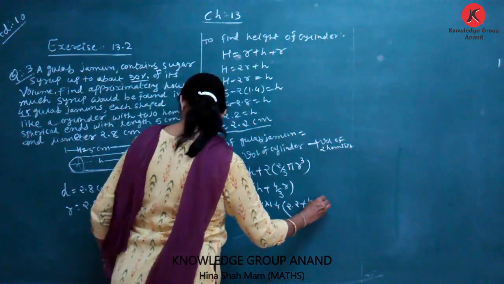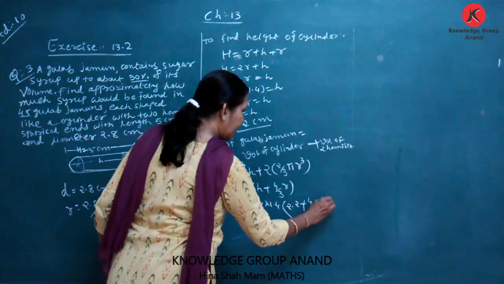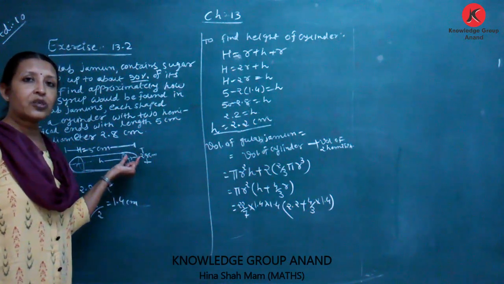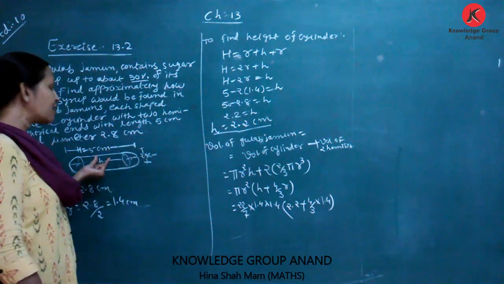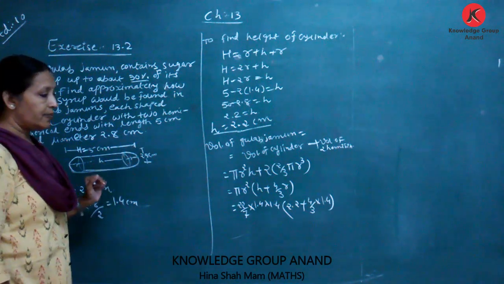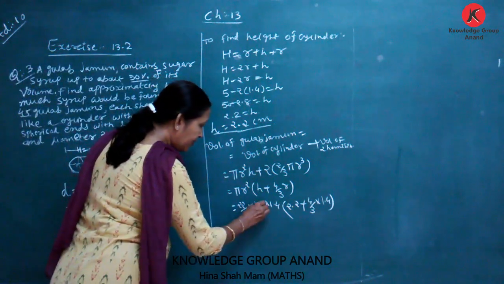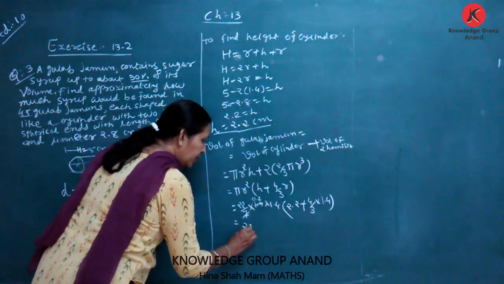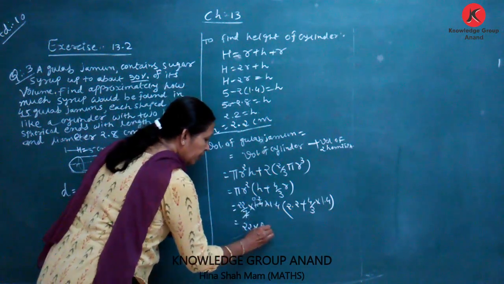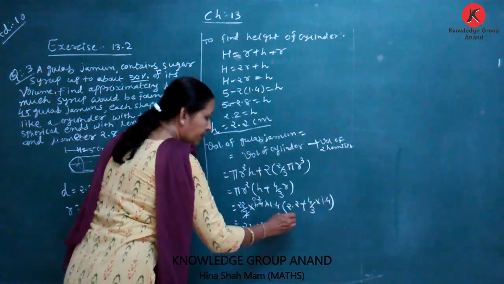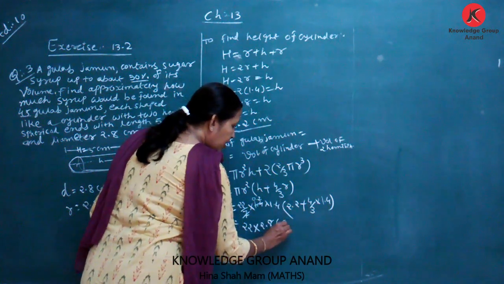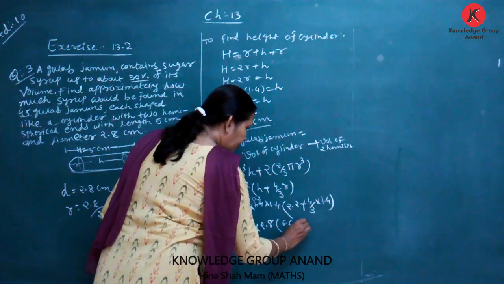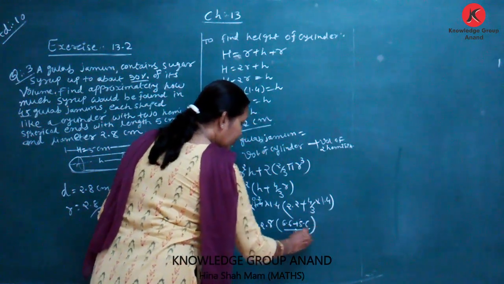What is the value of r? 1.4. Both r are the same, the radius of the hemisphere and the radius of the cylinder. 7 twos are 14, 22 into 2.8 into, 3 twos are 6, plus 5.6 upon 3.